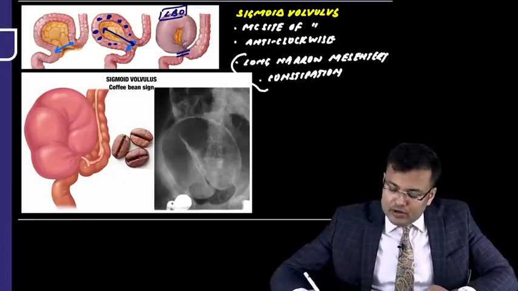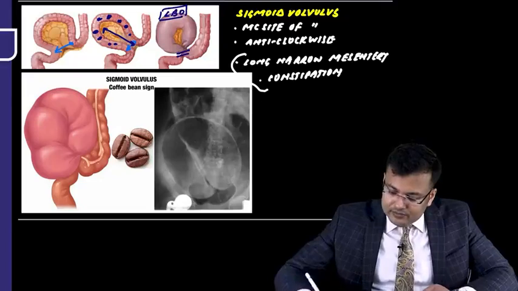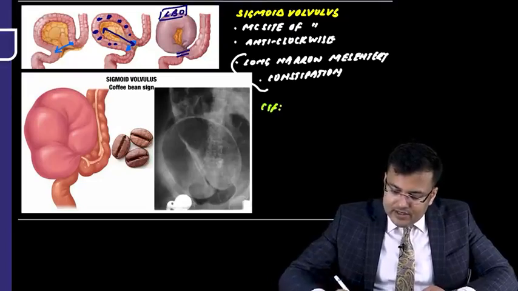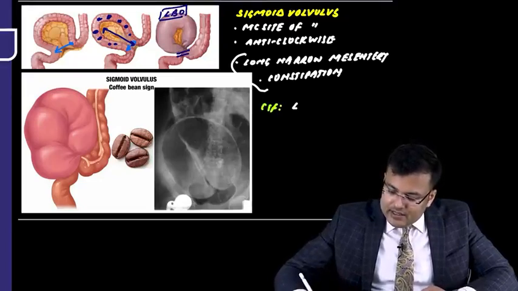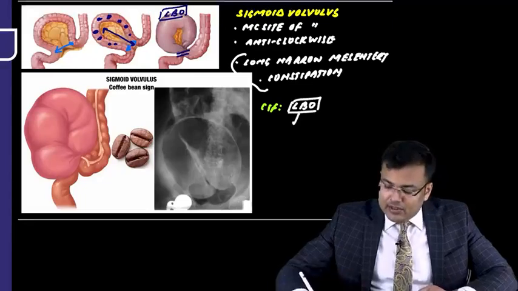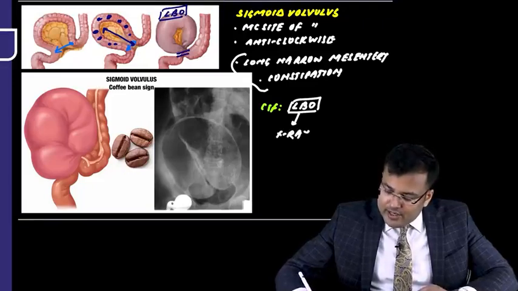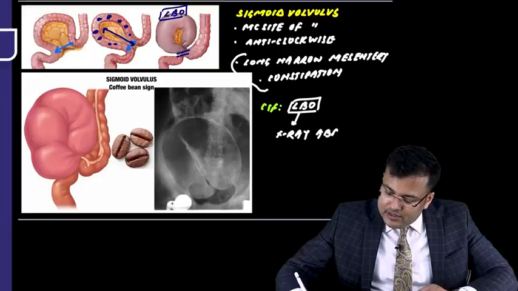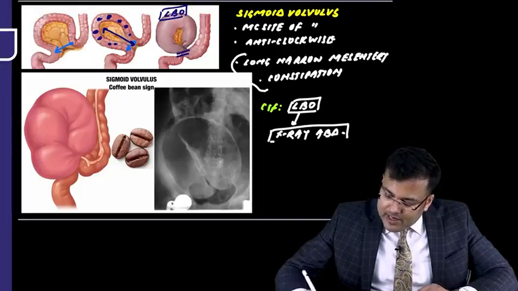So in sigmoid volvulus, what are the clinical features? Patients are having signs and symptoms of large bowel obstruction, and diagnosis is also made by what? X-ray abdomen.